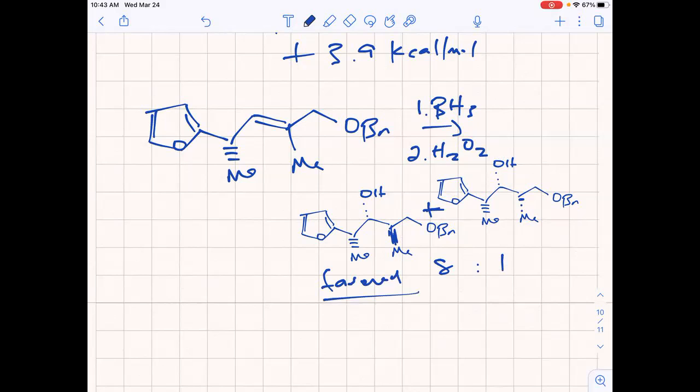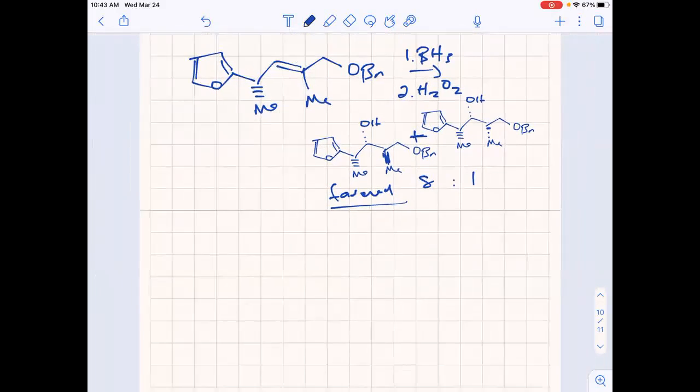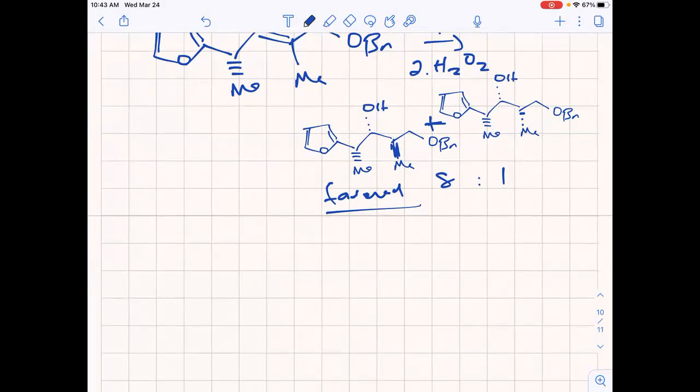And again, the way that the stereochemistry in this case is controlled is that, first of all, in the hydroboration part, the boron and the hydride are going to add from the same face. So it's going to be one of two transition state conformations that will be favored or disfavored.